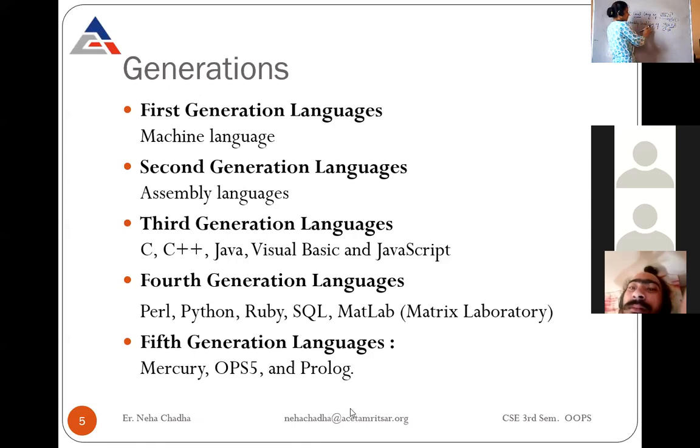I will give you a few examples related to it. Suppose you have to add two numbers, you will write add. You have to subtract, you will write subtract. These are the common words that I have written here. If I say you have to stop the program, then I will use HLT. You won't be able to understand what HLT is. HLT means halt.